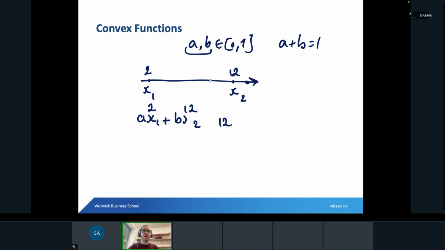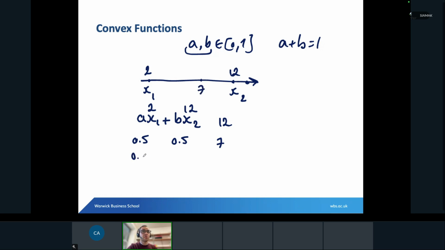Here, for example, if the summation of a and b is equal to 1, a can be equal to 0.5 and b should be 0.5, because I want the summation to become equal to 1. 0.5 multiplied by 2 plus 0.5 multiplied by 12 gives us 7, which is a point here.